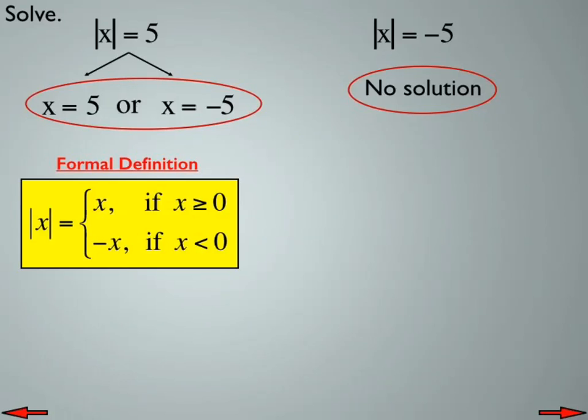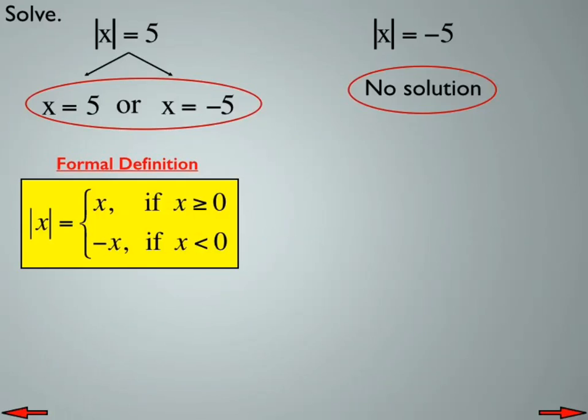What does that mean? Well, if x is 0 or above, whatever number's inside your absolute value bars, that's the answer. But if x is less than 0, in other words, if x is a negative number, the answer will be the opposite of that.